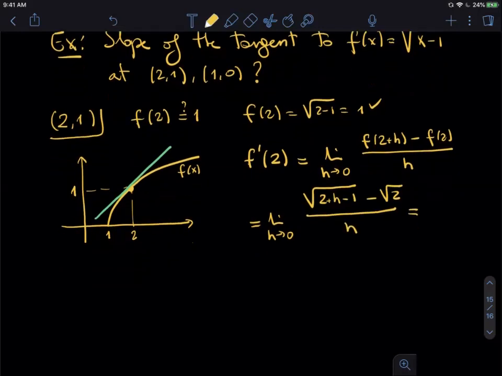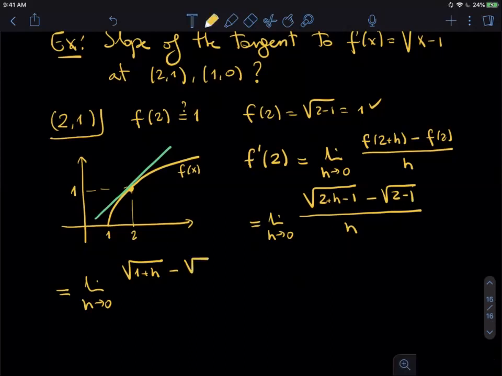All right. So this is the limit as h goes to 0 of the square root of 1 plus h minus the square root of 2. Sorry, it's not the square root of 2, it's the square root of 2 minus 1 because that's the function. So let's correct that.